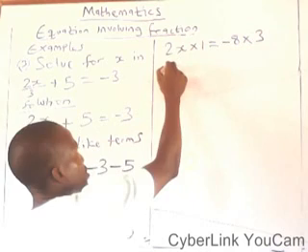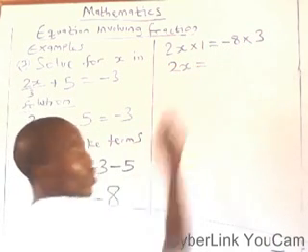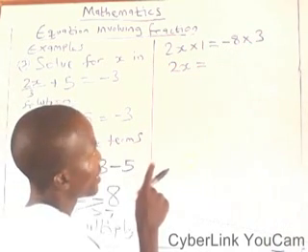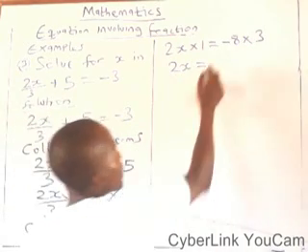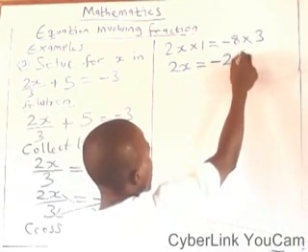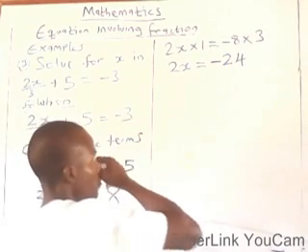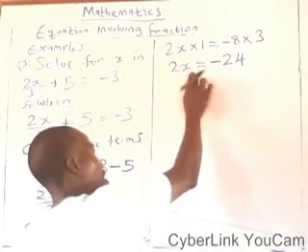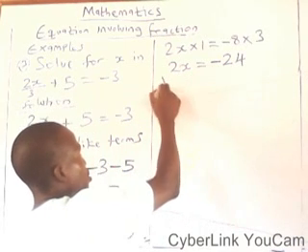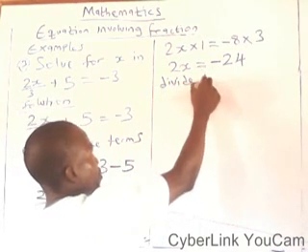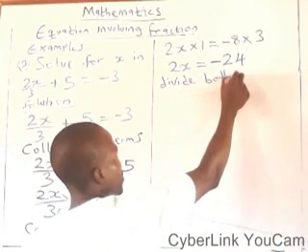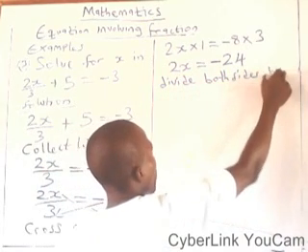2x times 1 is what? 2x equals to minus 8 times 3 will give us what? Minus 24. Now what are we going to do next? We are going to divide both sides by 2.